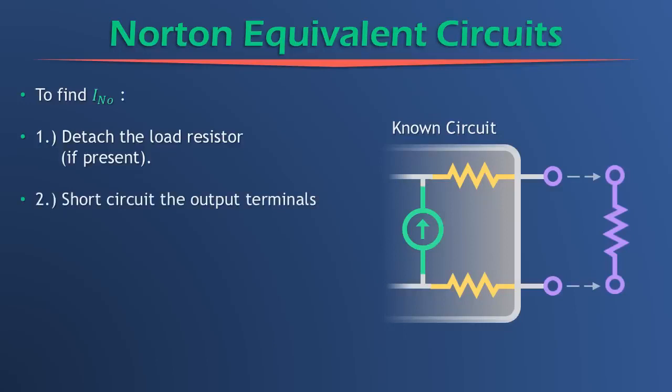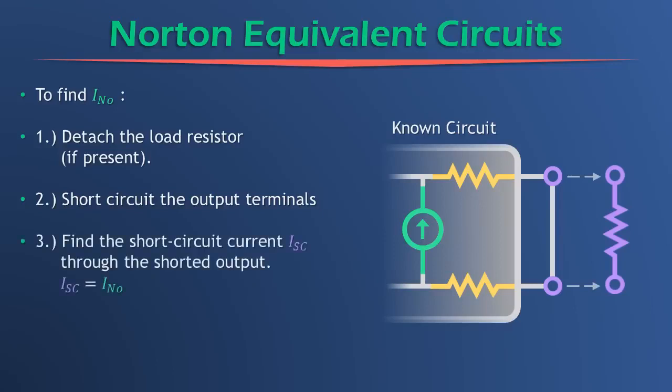We didn't do this before. Before we had an open circuit, but now we're going to short circuit the output terminals, meaning we take a piece of wire and directly connect those two terminals together. The third step is to find the short circuit current ISC through the shorted output, the current through that piece of wire.